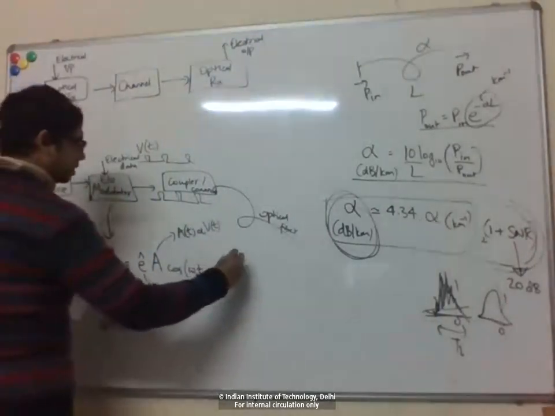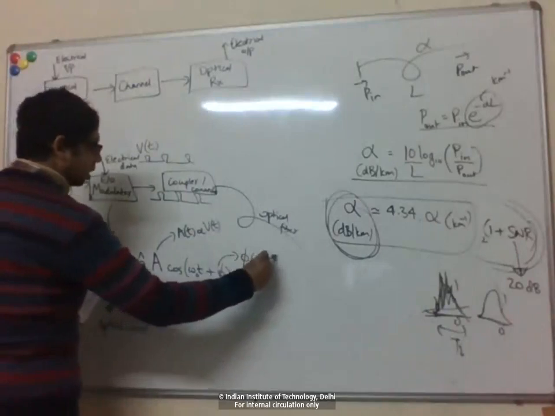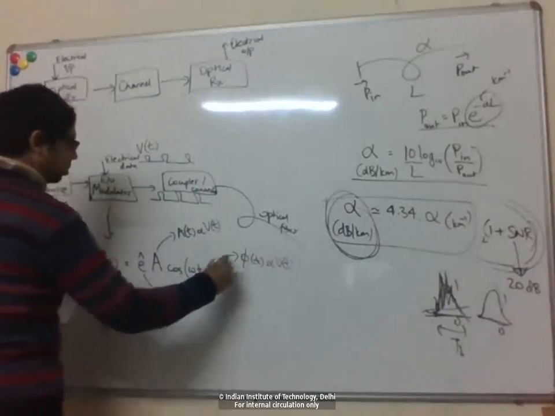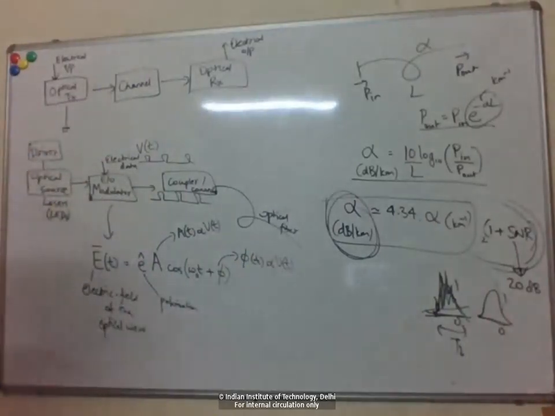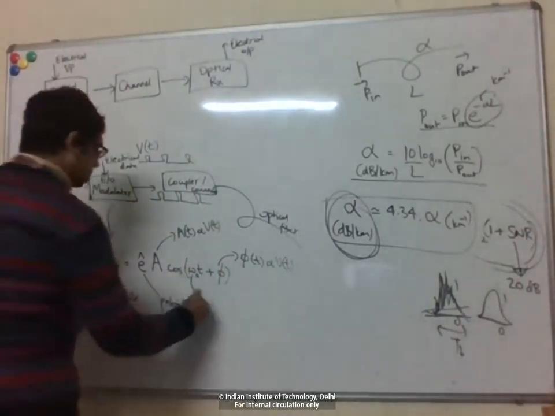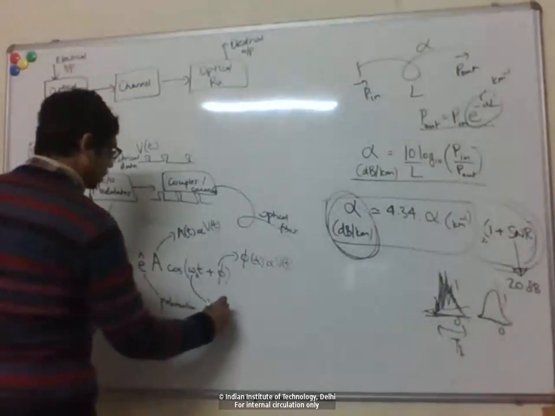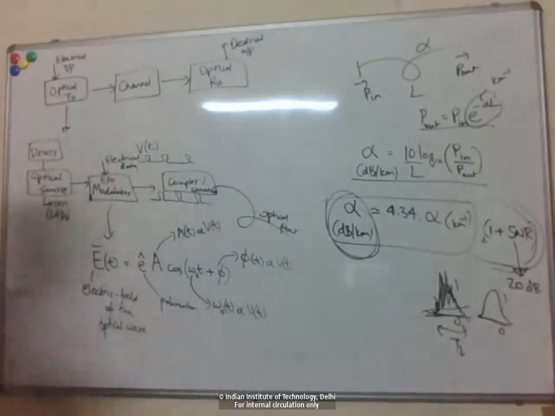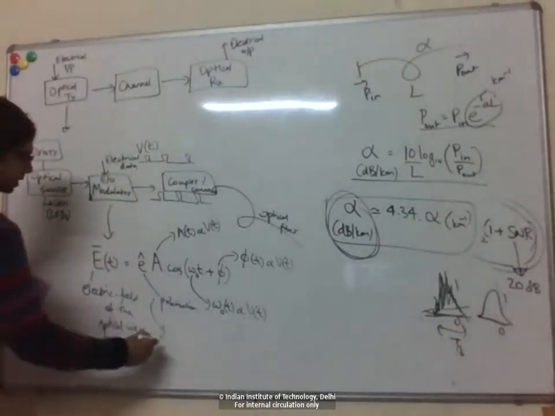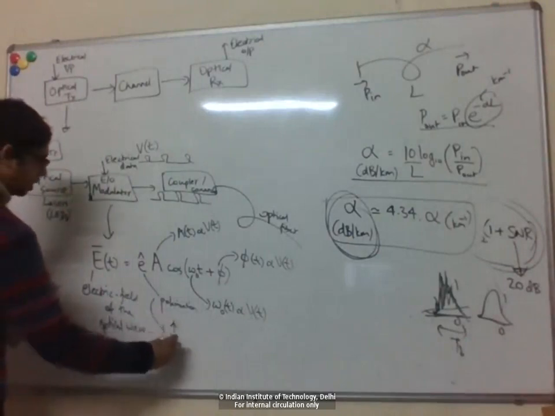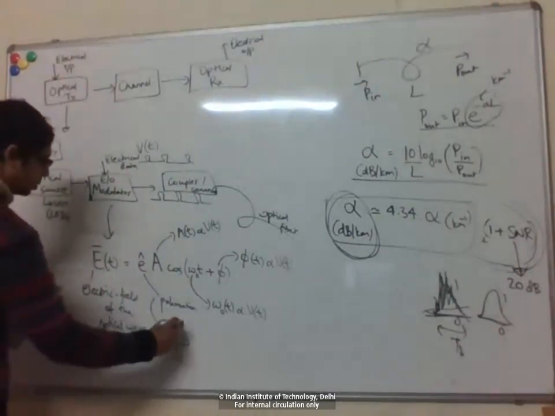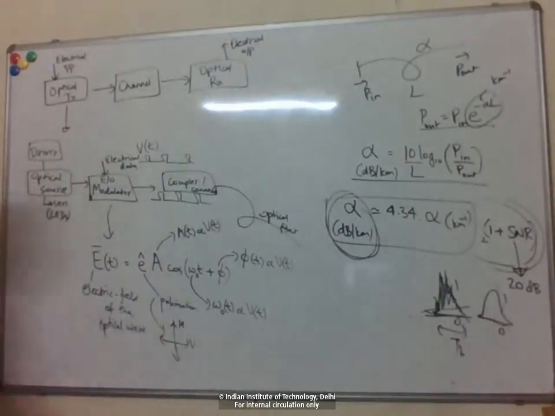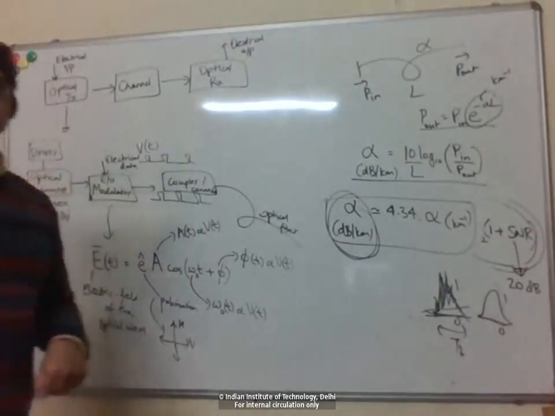I could choose the phase to follow my electrical data, so that would be phase modulation, or phase shift keying. Or I could choose the frequency, that would be frequency shift keying or frequency modulation. Or I could even do polarization for 2 bits, so I have horizontal and vertical. I could do 0 and 1 like that.